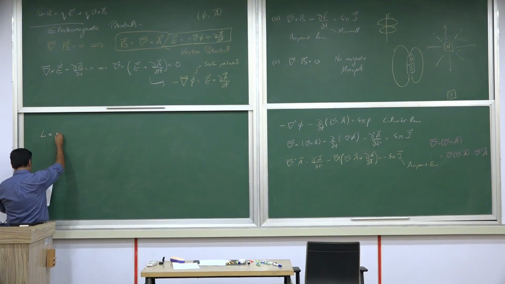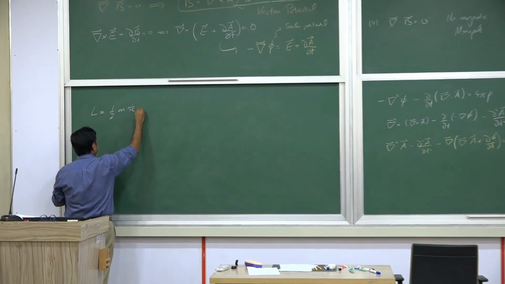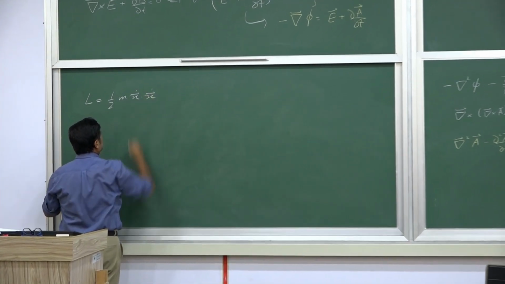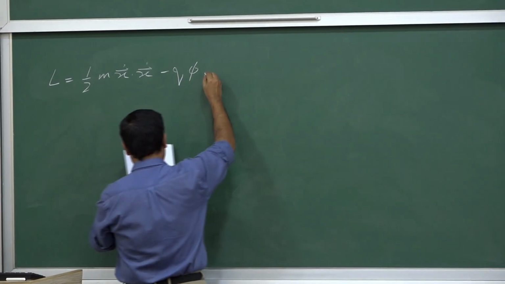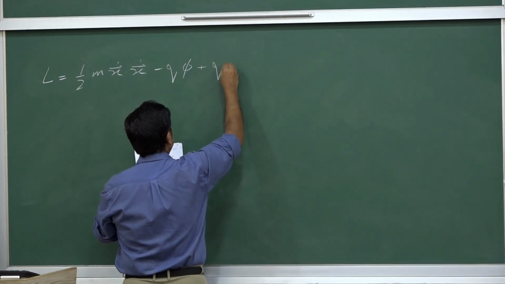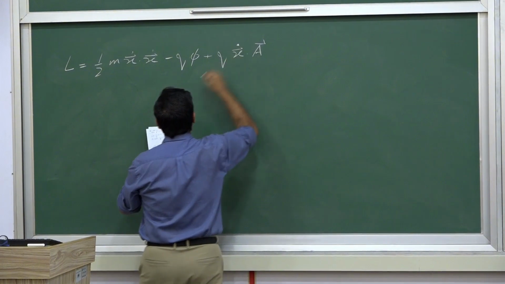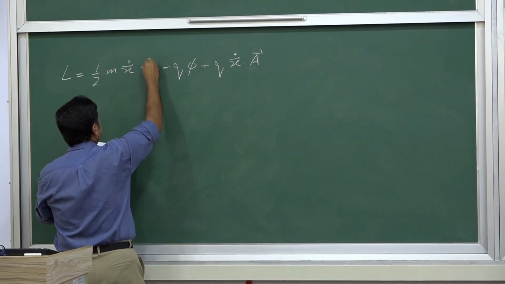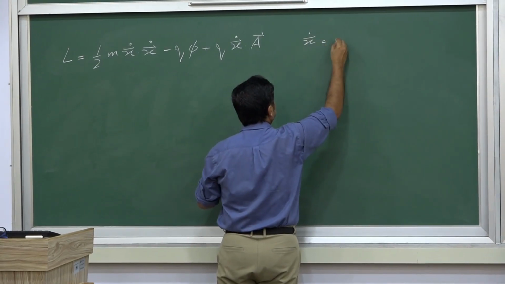So if I take this Lagrangian for a particle, this dot is the derivative with respect to time.